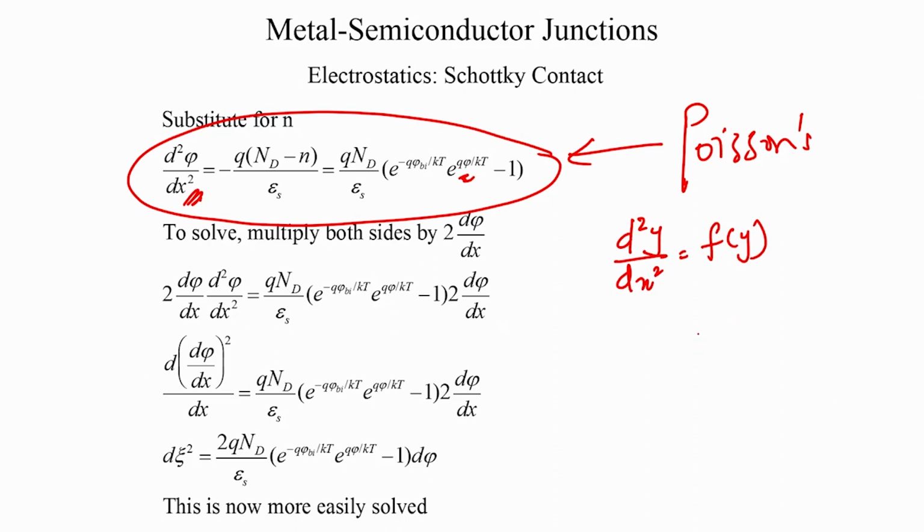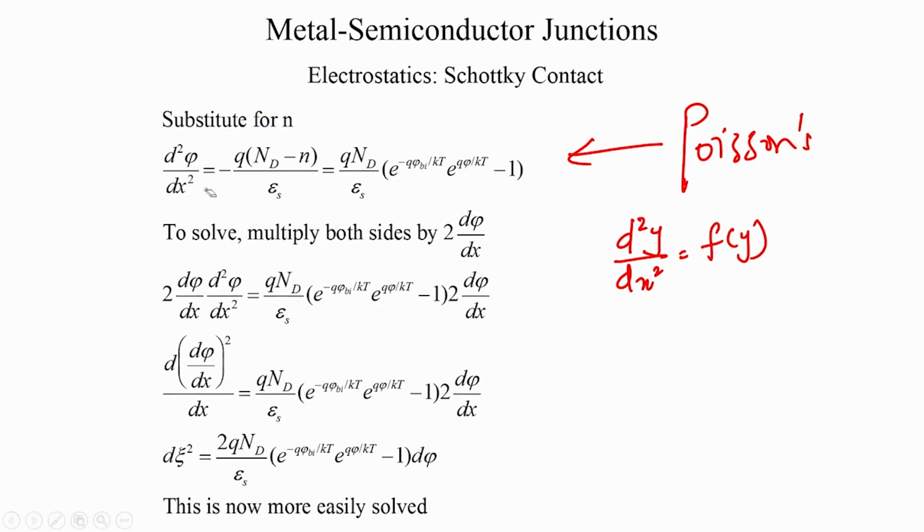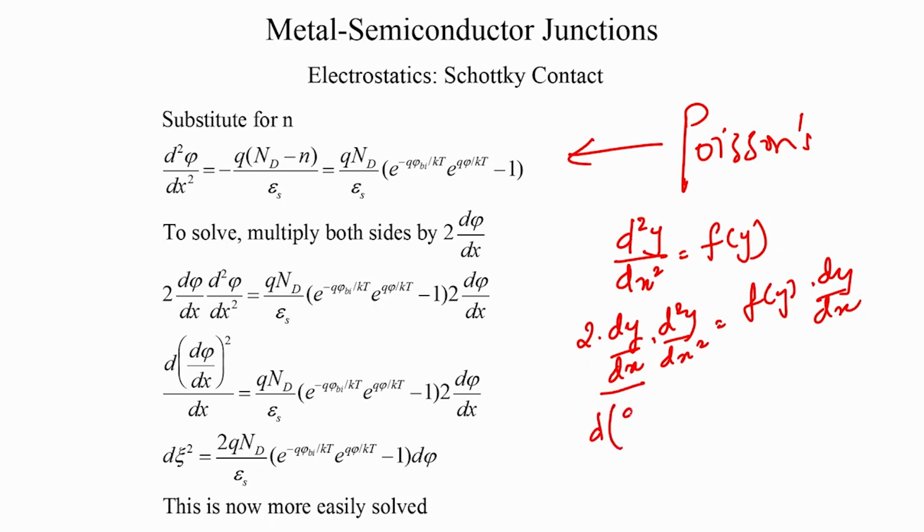Here is one trick that you will find very useful in order to solve an equation of this kind. Simply multiply dy by dx on both sides. Now, what is this term? This is nothing but the derivative of (dy by dx) whole square with respect to x, because if you were to expand that, you will first differentiate this term and then take the second order derivative, which is exactly the same as this.